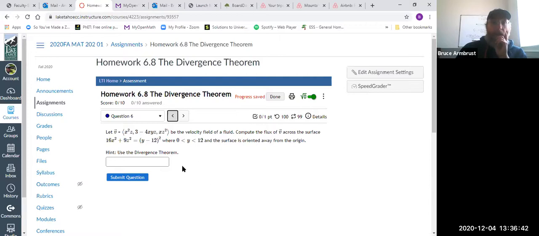We've got this field. Let's not worry about the field just yet. Let's look at the surface and figure out what that surface is so that we can try to visualize it and see if it's closed or not. If it's not closed, we'll make it closed so we can make use of the divergence theorem and whatnot.